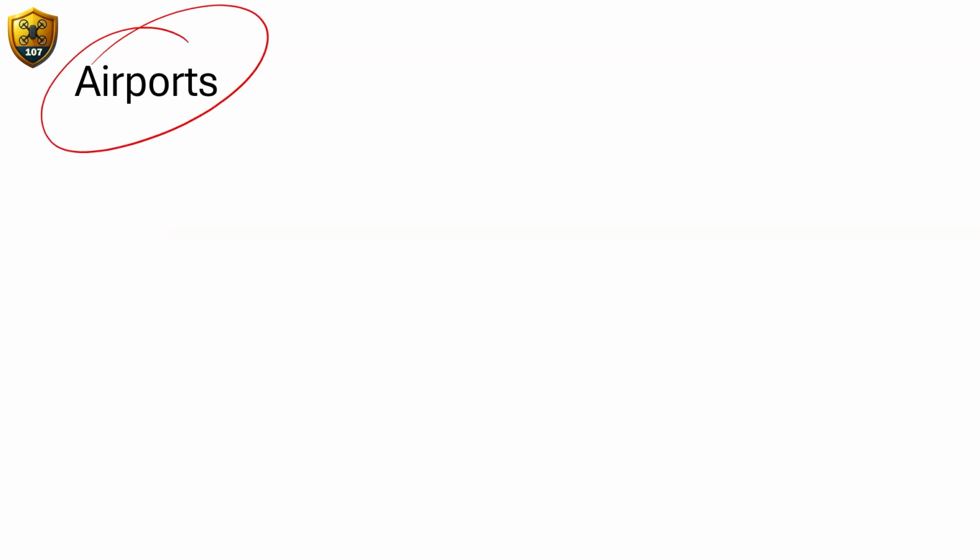So let's see what we need when we operate near airports. No person may operate small aircraft systems in a manner that interferes with the operation of the traffic and patterns at any airport. So we are not able to operate within close proximity to airports unless we have the required authorization, we know what's going on around the airspace, and we are aware of everything.